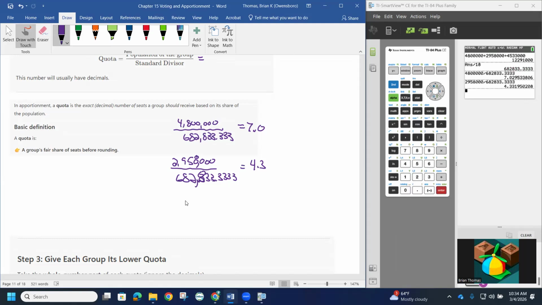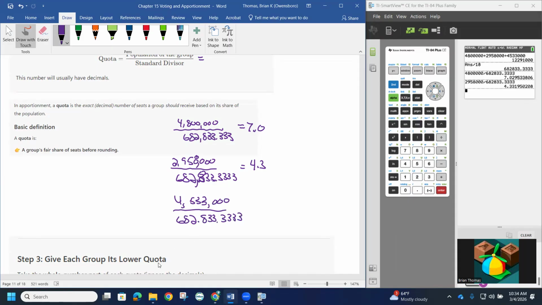So that's state B, and then state C, we had 4,533, so 4,533,000. Again, I want to divide that by that standard divisor, a lot of threes.